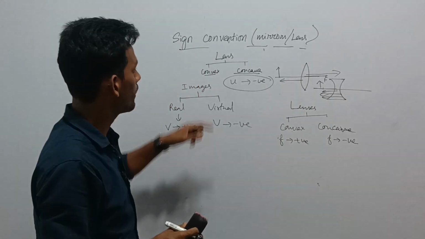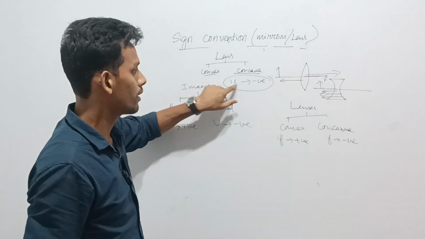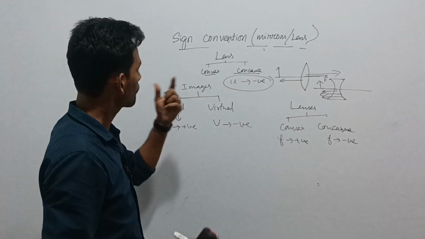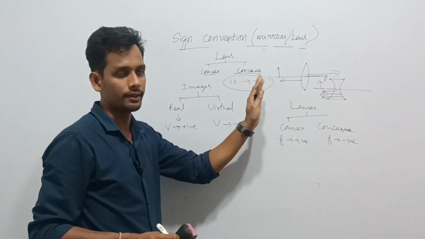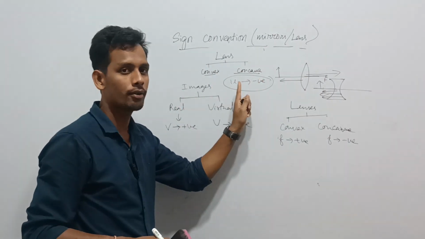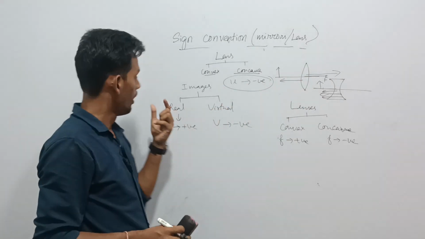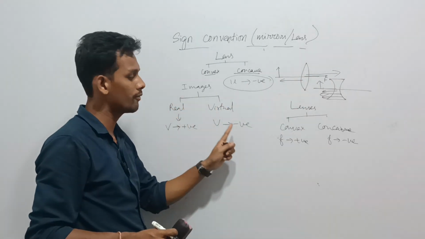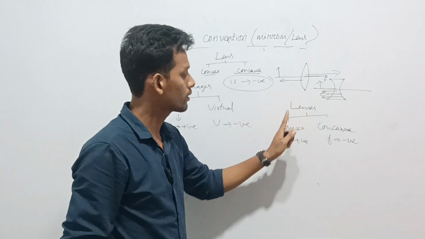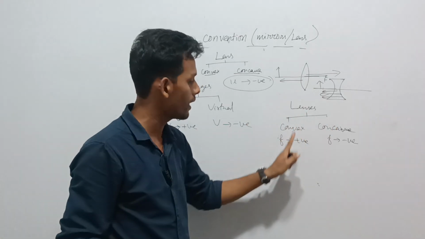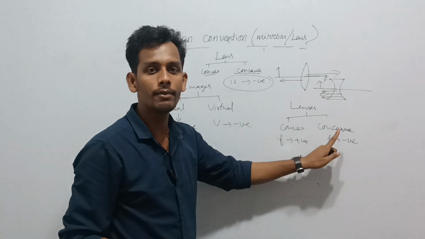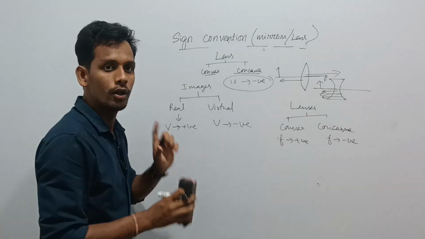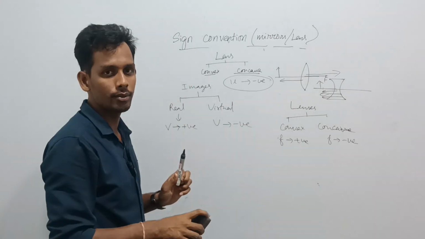Clear? So again I repeat that object distance is always negative in the case of both lenses. Why? Because the object is always placed towards the left. Images are of two types, for real v positive, virtual v negative. For lenses, convex or concave, for convex f positive, for concave f negative. Done? So this is the sign convention actually.